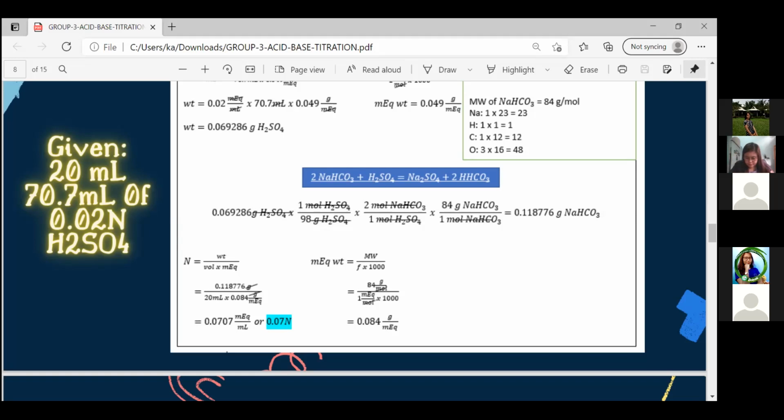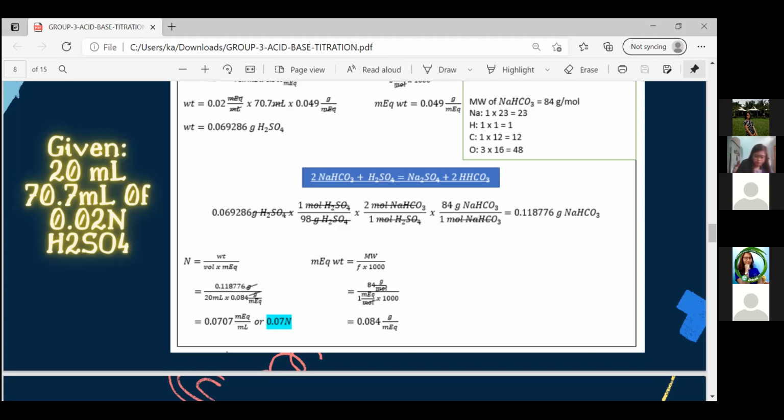Next is to get the normality of the sodium bicarbonate. We have N equals weight over volume times MEQ weight. So 0.11876 grams over 20 ml times 0.084 MEQ weight. We have here the molecular weight of the sodium bicarbonate, 84 grams per mole over 1 from the NaHCO3.